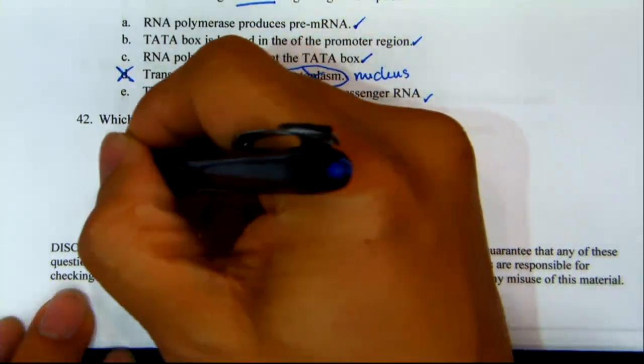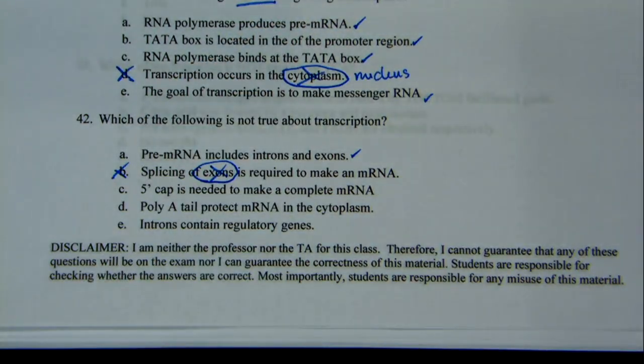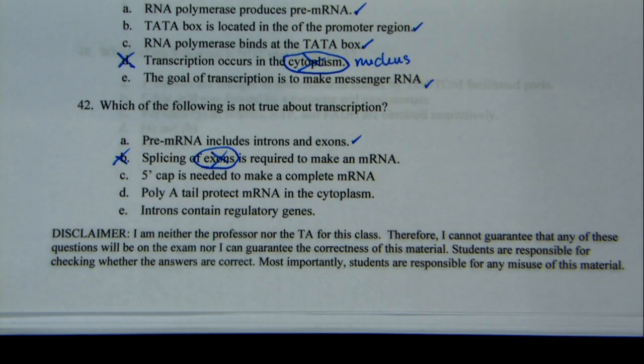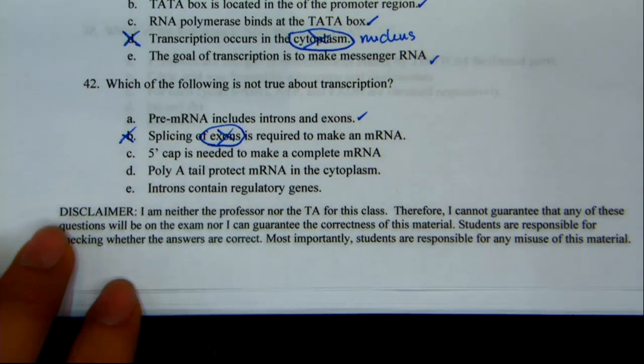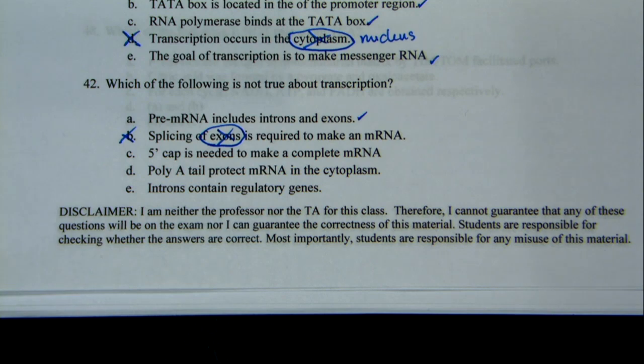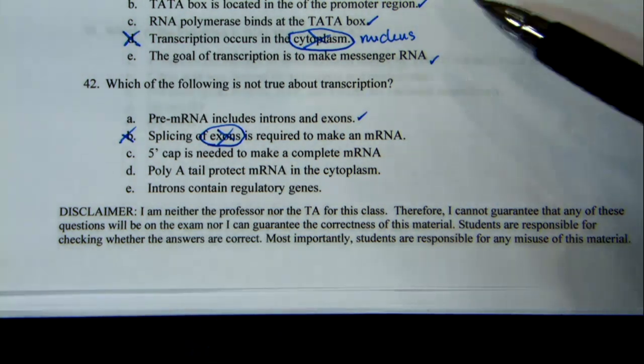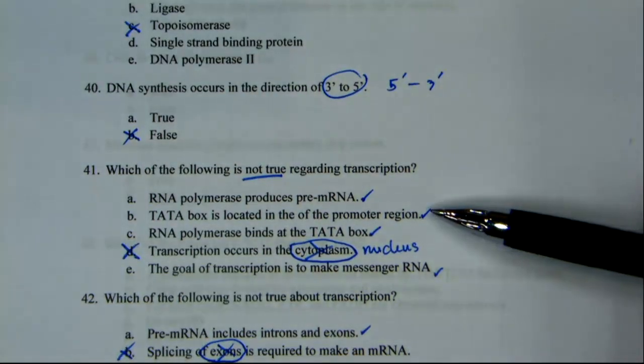So just go through a little bit more. The 5' cap is needed to make a complete mRNA. That's correct. Poly-A tail protects mRNA in the cytoplasm. That's correct. And introns contain regulatory genes. Yes, it's a regulator. Also, if you recall what we talked about earlier, this promoter region.